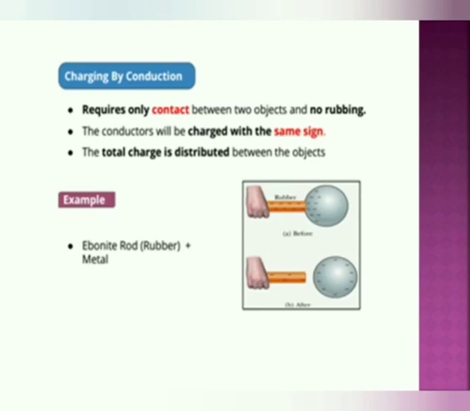That is, the ebonite rod would be left with 2 coulomb of charge and the same 2 coulomb of charge would be transferred to the spherical metal ball, which you can see here in the figure. One more thing to notice is that the ebonite rod was first charged through friction, then it was brought closer to the spherical ball for the conduction process.